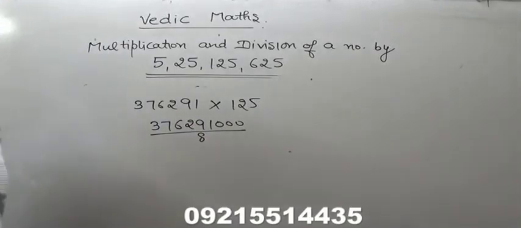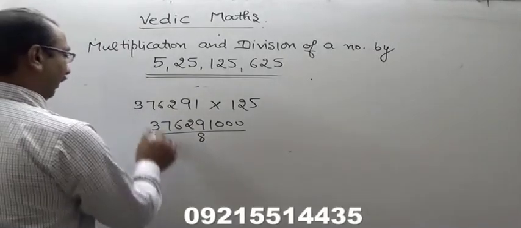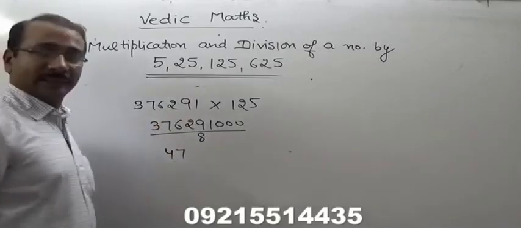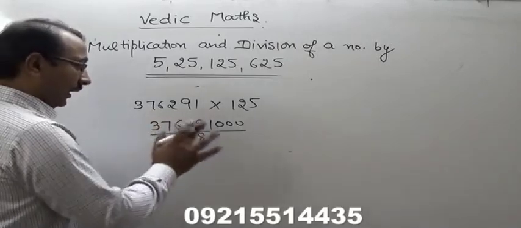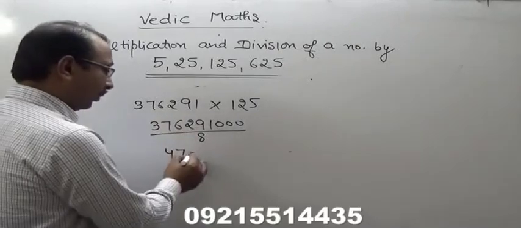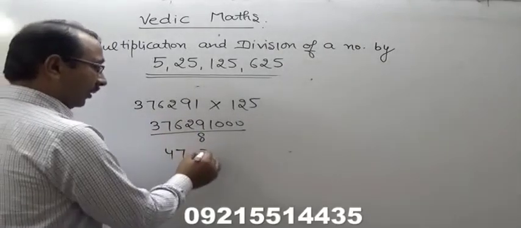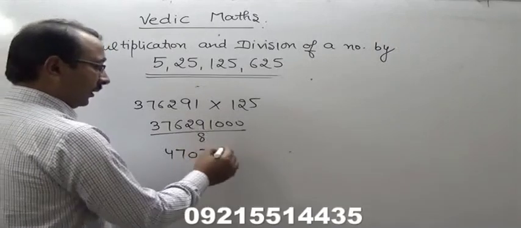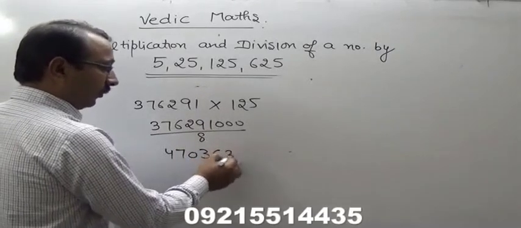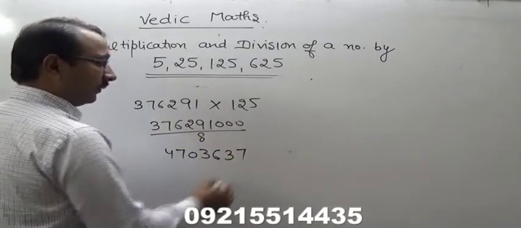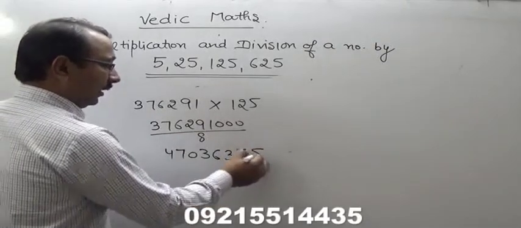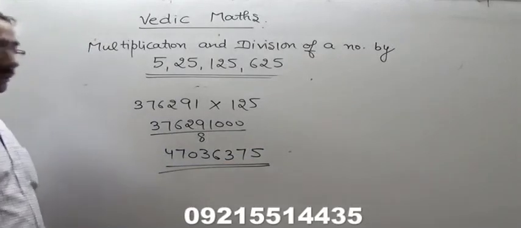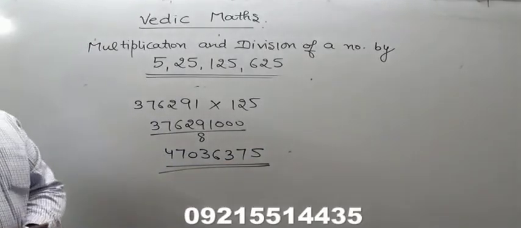Now when I divide by 8, I get: 8 4s are 32, 8 7s are 56, and so on. So my answer is 47036375. That becomes my answer.